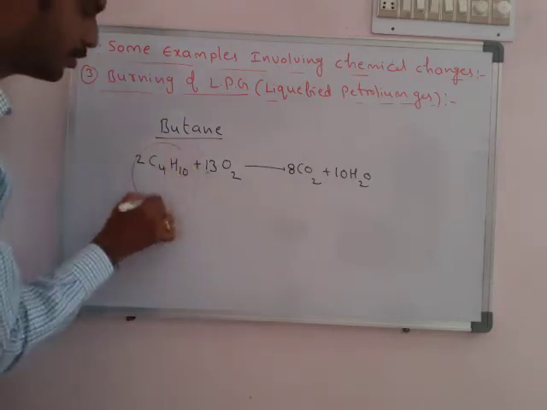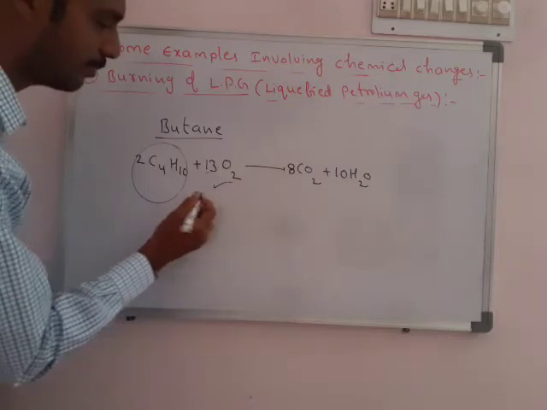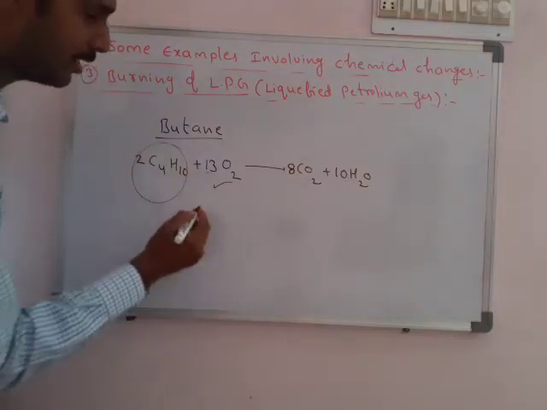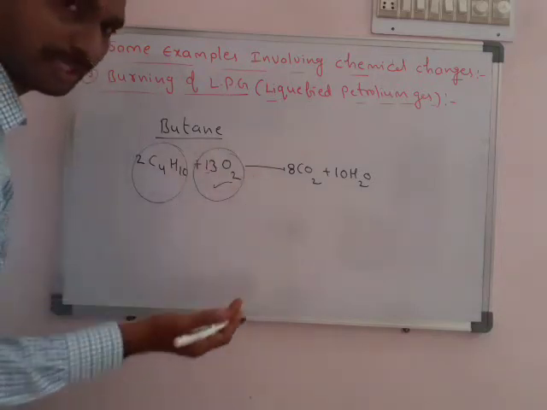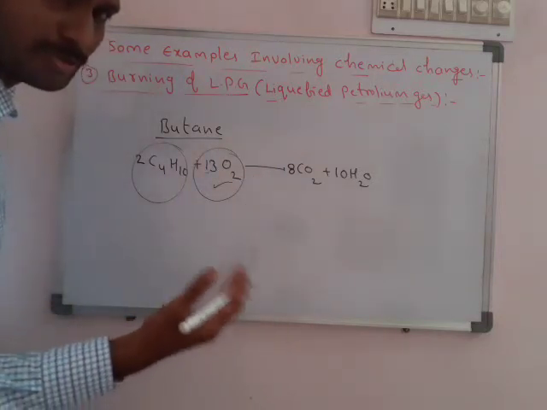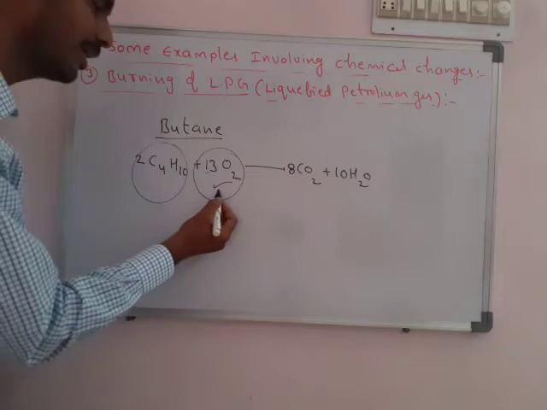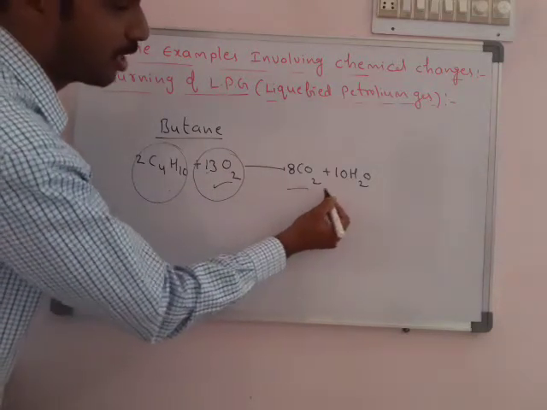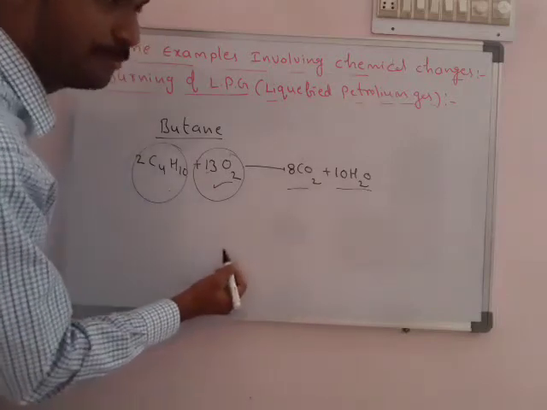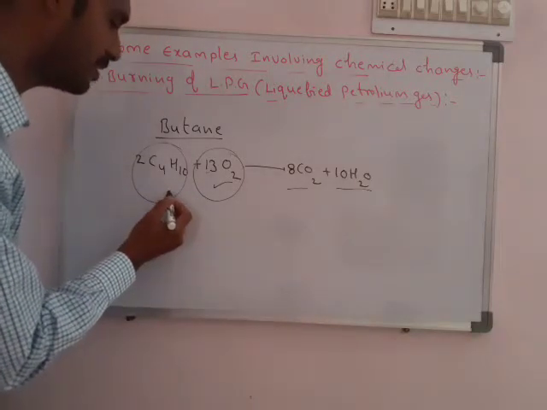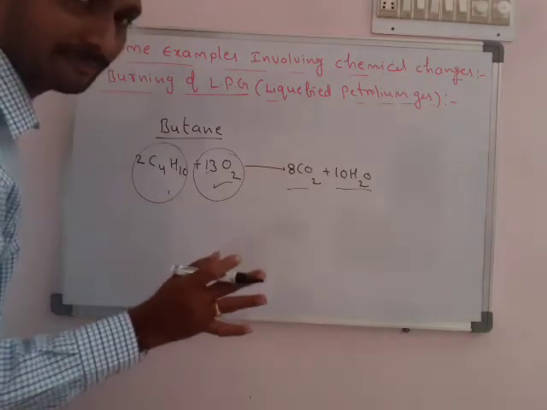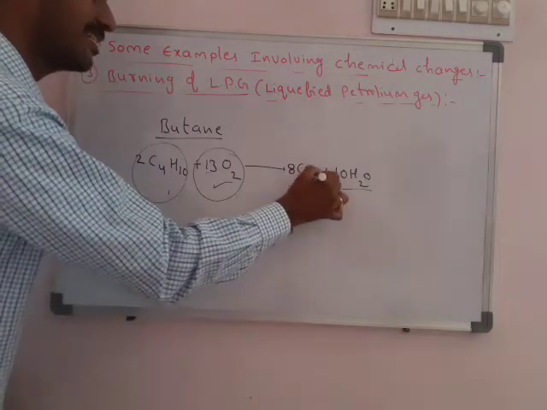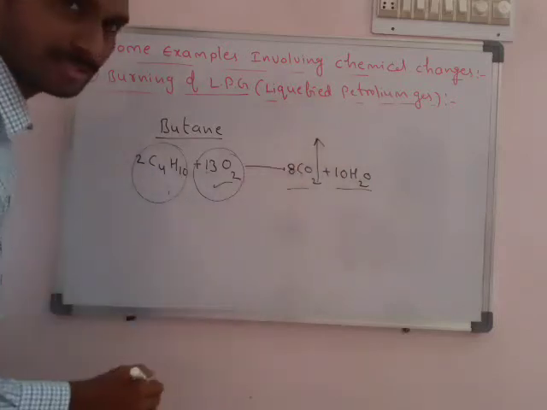On burning butane gas, that is LPG, the burning takes place only in the presence of oxygen in air, forming carbon dioxide and H2O. So the use of LPG is also not 100% safe or environment free, because it releases CO2 gas.